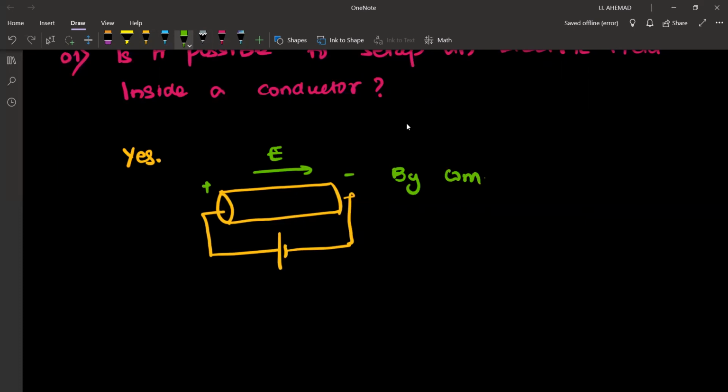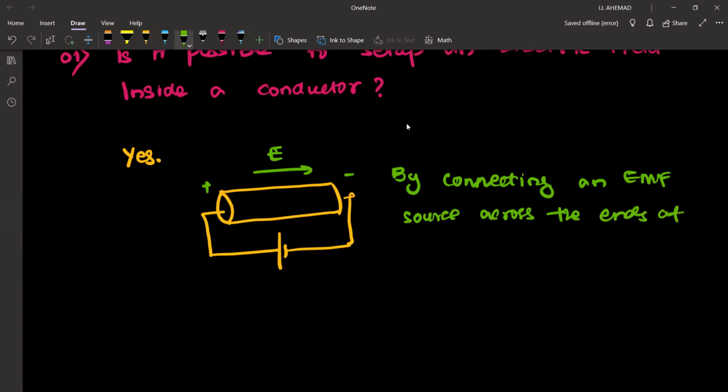By connecting an EMF source across the ends of a conductor. Right? We can do that. So by connecting an EMF source across the ends of a conductor, we have produced an electric field within this conductor.